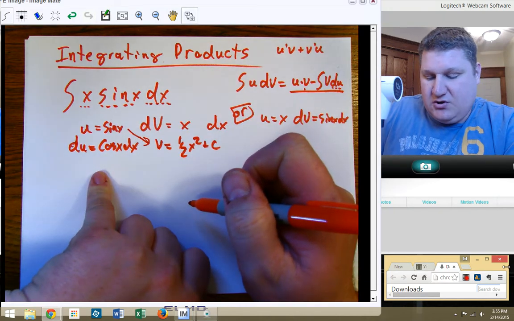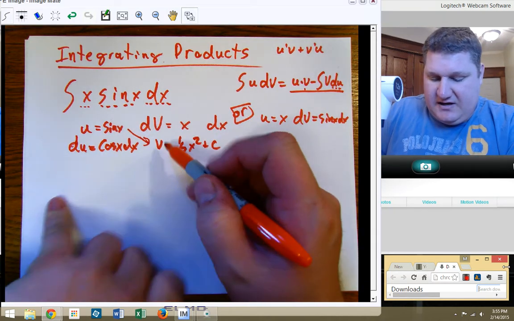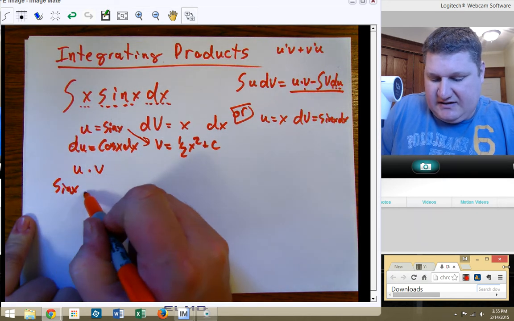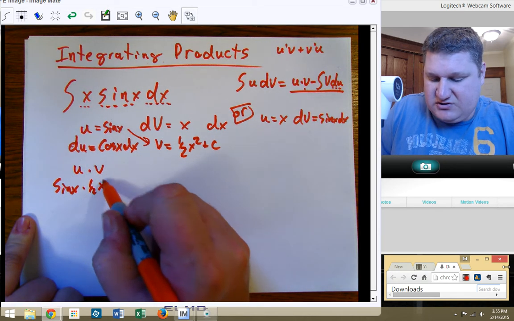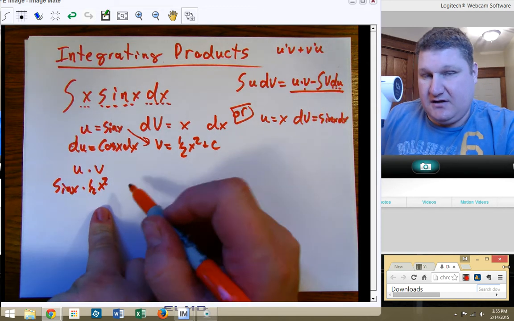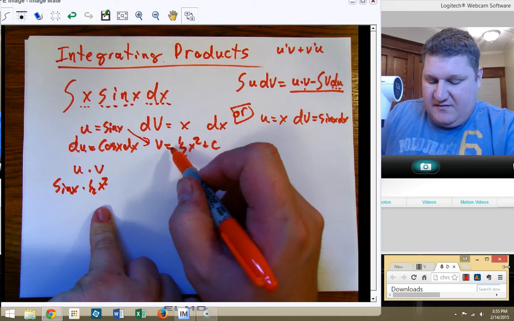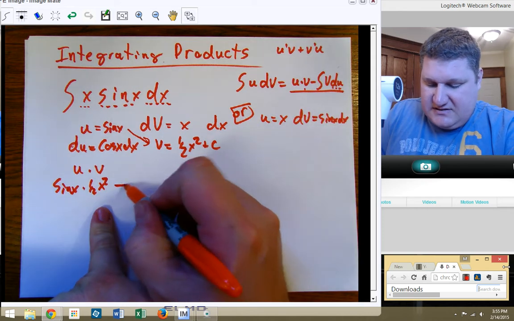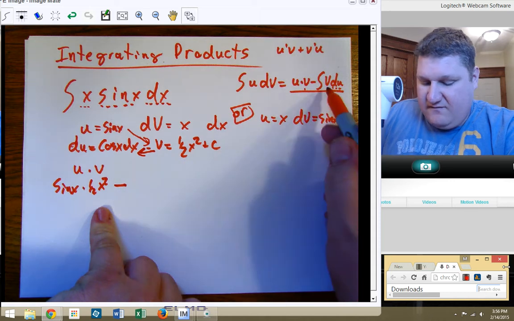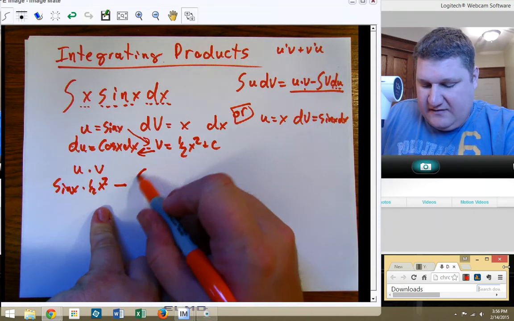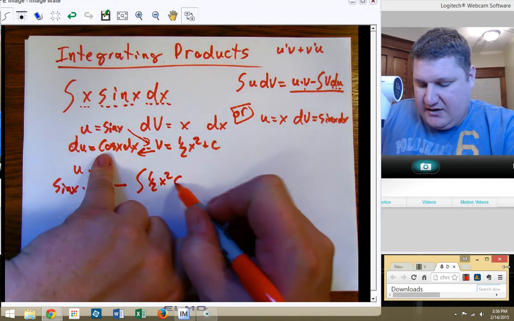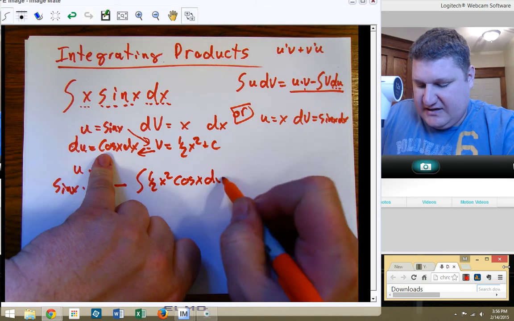So we're going to say u times v, and that's going to be sine x times 1/2 x squared plus c. The plus c we can tack on at the end. So that's u times v. Then it says minus v du. Well, v is the integration of 1/2 x squared and cosine x dx.